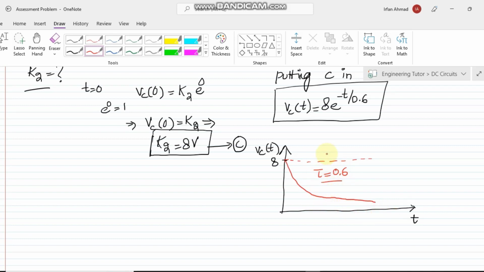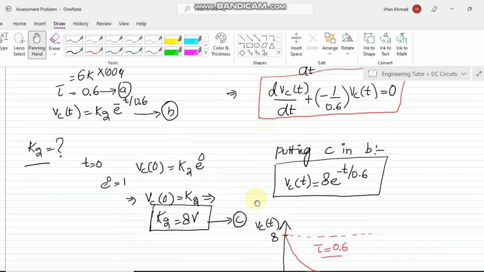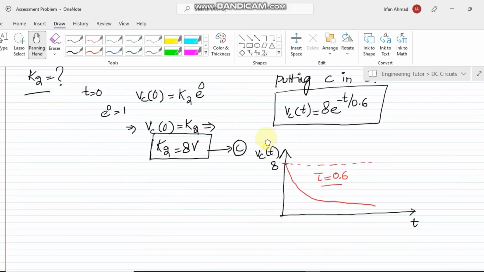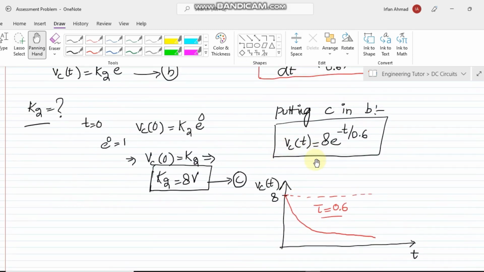That is basically the question which we had to solve, in which we found the transient response of this circuit when t is greater than 0. That is the mathematical equation for VC(t) when t is greater than 0.